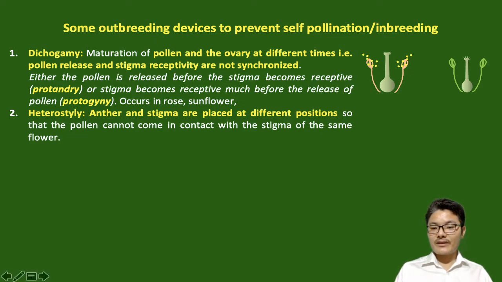We have a pistil here, so the pistil has stigma, style and ovary. So heterostyly here refers to the length of the style being different. Or, on the other hand, we can say that anther and stigma are placed at different positions due to the difference in length of the style.